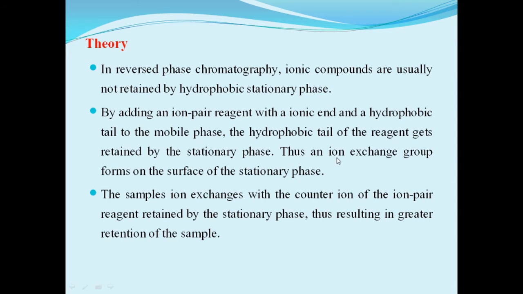Thus, an ion exchange group forms on the surface of the stationary phase. The sample ion exchanges with the counter ion of the ion pair reagent retained by the stationary phase, thus resulting in greater retention of the sample.